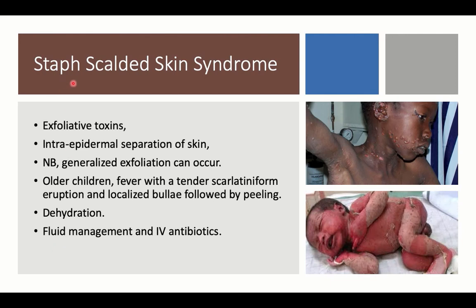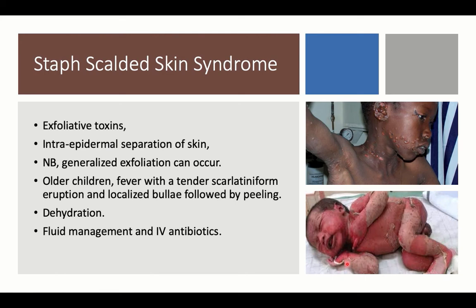The second syndrome is 4S syndrome, or staph scalded skin syndrome. Here we have exfoliative toxins released by staphylococci that result in intraepidermal separation of skin. This can appear like this in the newborn period with generalized exfoliation.